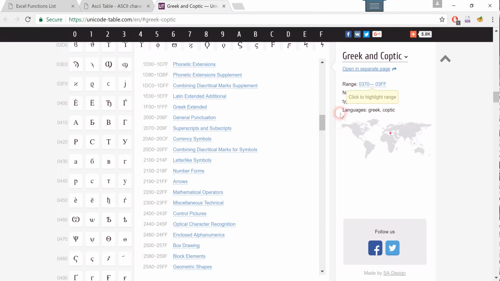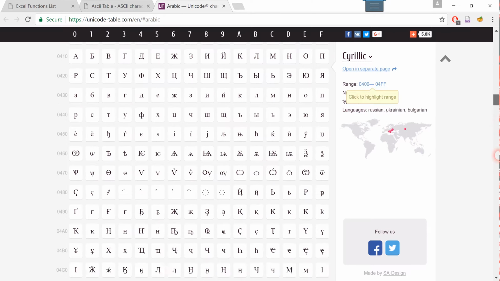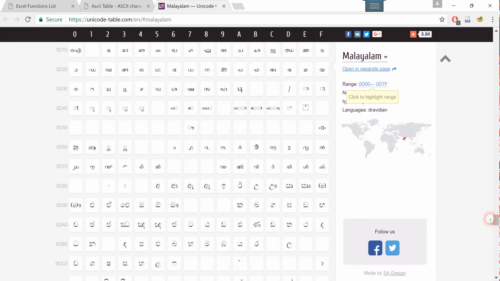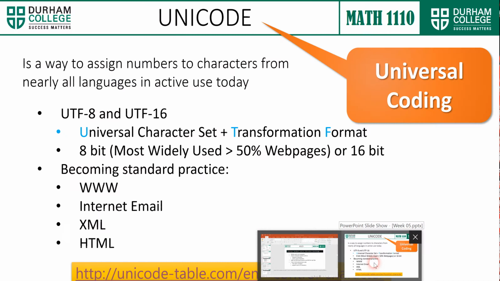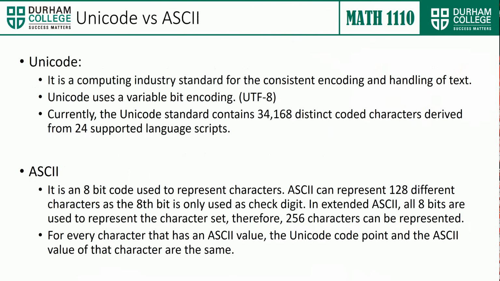But anyway, the point is that pretty much all of the known languages are mapped here, and this list goes on and on. Work is constantly being done to include new languages and even existing languages that have not been included in Unicode yet. So this is a nice website for you to look at if you want to know more about Unicode.